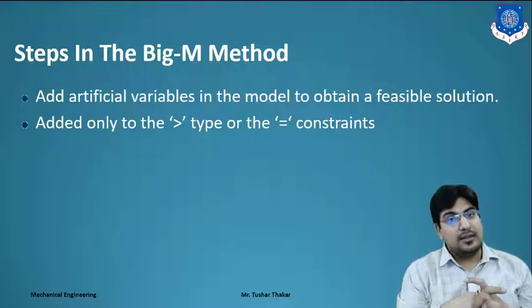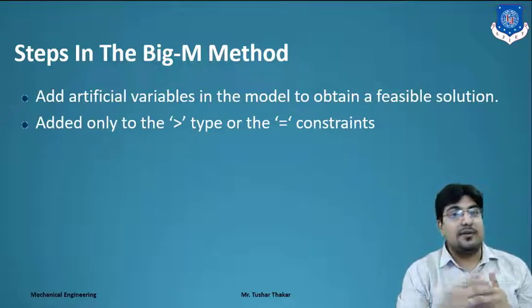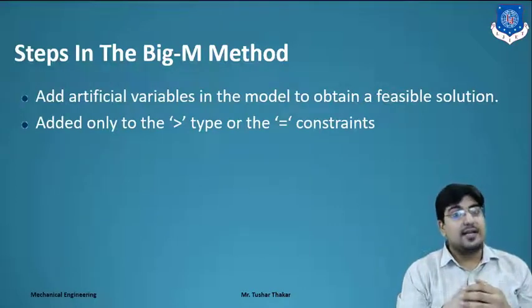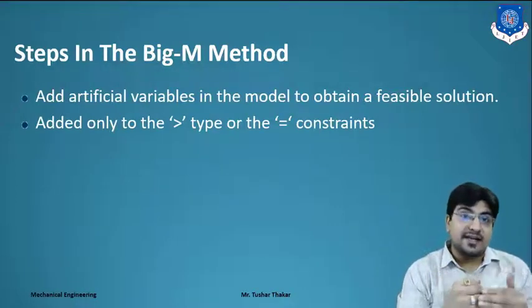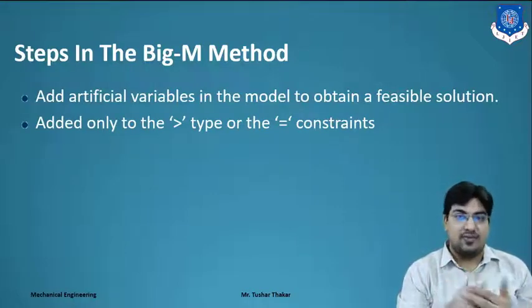At that place we have to introduce an artificial variable, in the form of that equation. Suppose we get a greater or equal to sign in the second equation, we have to introduce it as M2. We can't introduce it as M1.